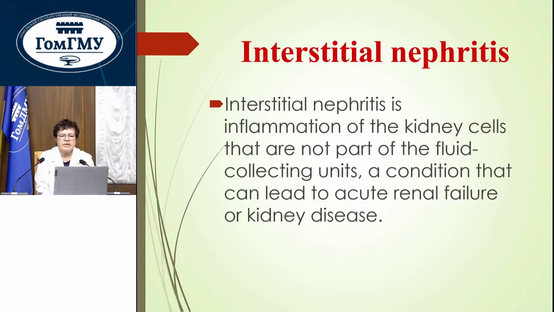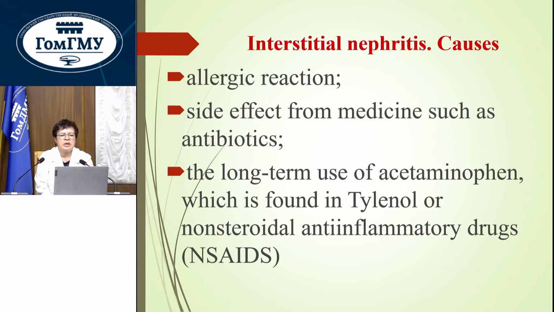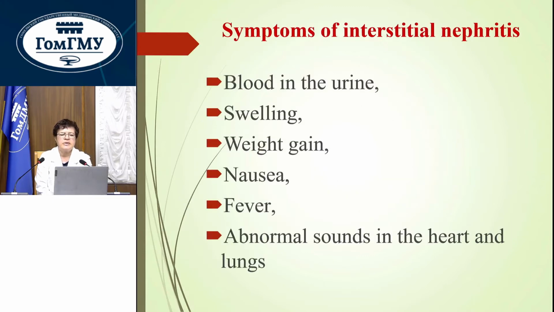Interstitial nephritis is the inflammation of the kidney cells that are not part of the fluid collecting units, a condition that can lead to acute renal failure or kidney disease. The causes of interstitial nephritis are allergic reaction, side effects from medicines such as antibiotics, the long-term use of acetaminophen, which is found in Tylenol, or non-steroid anti-inflammatory drugs.